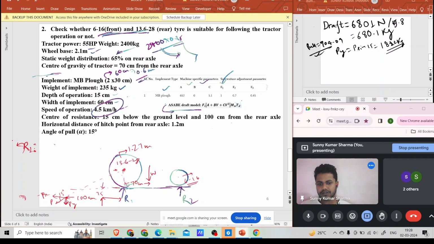If the tire designation is 616, what is the overall diameter and the radius of this tire? Radius, not diameter. Whatever you get is the diameter, you divide it by 2 and 10.